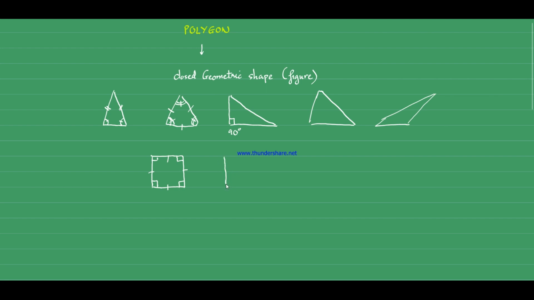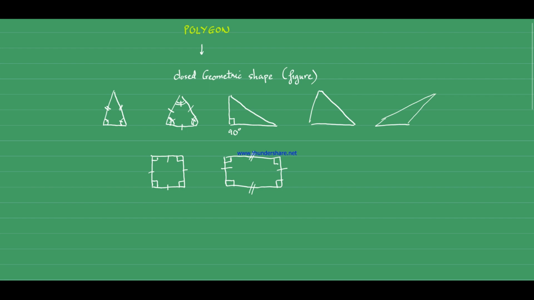We have these sides equal to each other, and the sides over here equal to each other, and the angles are also 90 degrees. These are very common geometric shapes you already know, and you have seen them in applications many times.